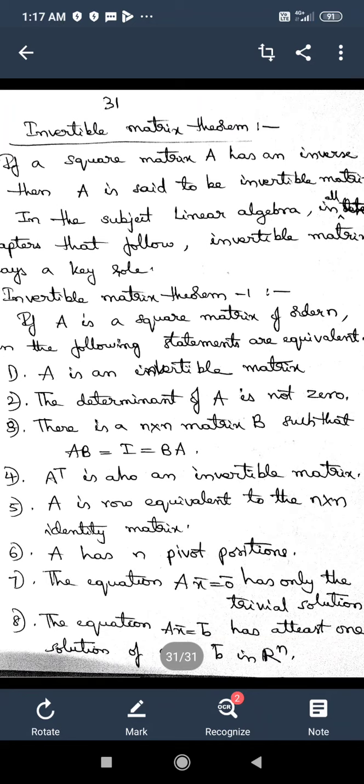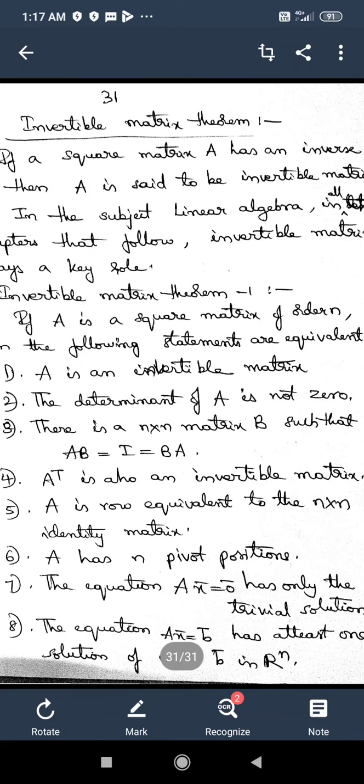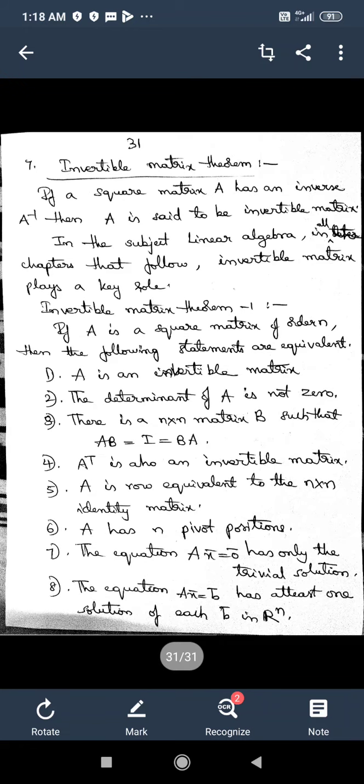The seventh one states that the equation Ax bar equal to 0 bar has only the trivial solution. Trivial solution means all the variables have only one solution, and all of them have the value 0. And the last one states that the equation Ax bar equal to b bar has at least one solution for each b bar in Rn.